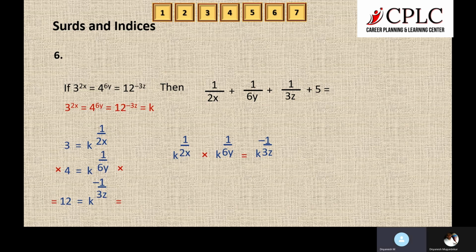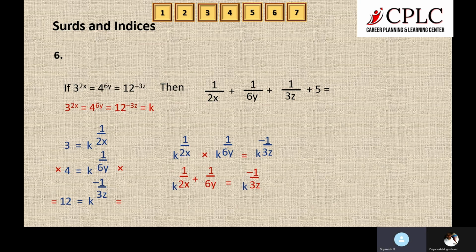Laws of indices: the base is the same, and whenever there is multiplication, the powers are added. Then we shift k raised to minus 1 by 3z to the left side, it becomes plus, and the entire thing is equal to 0. Cancel out k from both the ends.